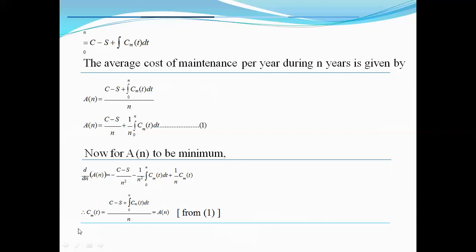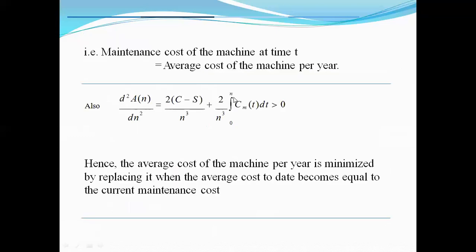So upon simplification, from equation number 1 upon differentiation, from the minimization characteristics, the maintenance cost of that particular machinery at a time t is equal to the average cost of the machinery per year. So average here means the overall maintenance cost of the machine considered on the time basis at the level of t is equated with the average cost of the machinery per year.